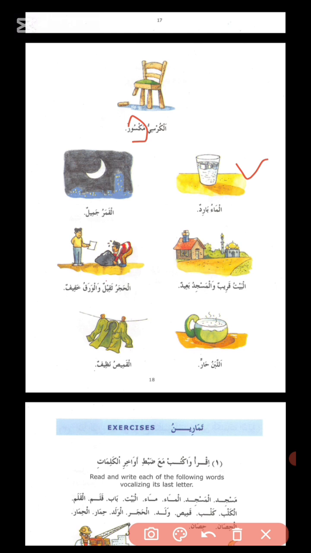Al-labanu harun, the milk is hot. Al-qamisu nadhifun, the shirt is clean. So in all these examples, we have noticed that the word with al is translated with the.